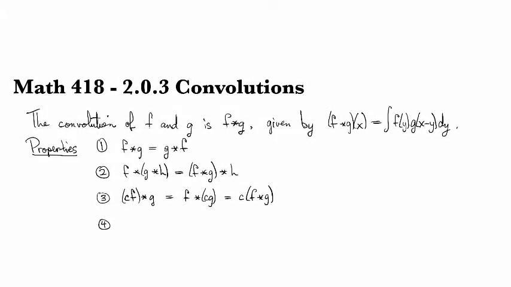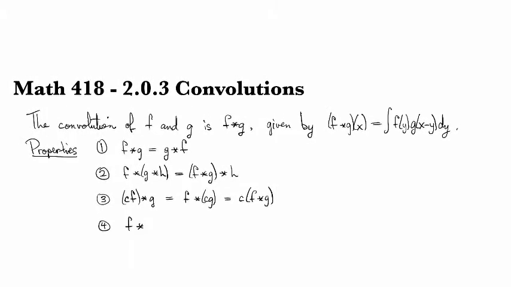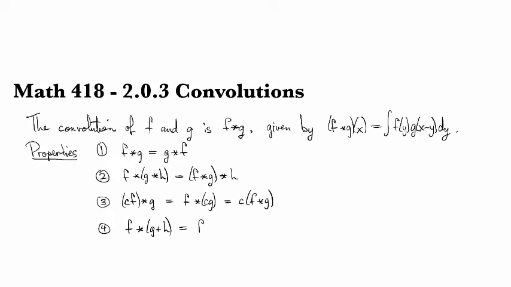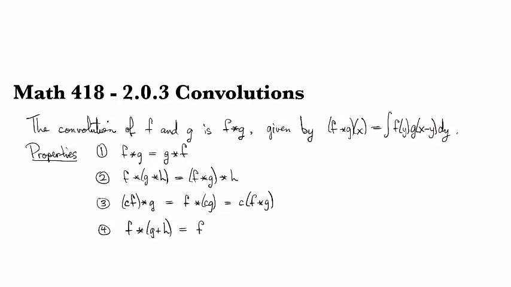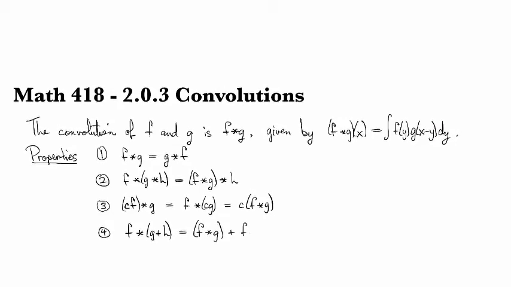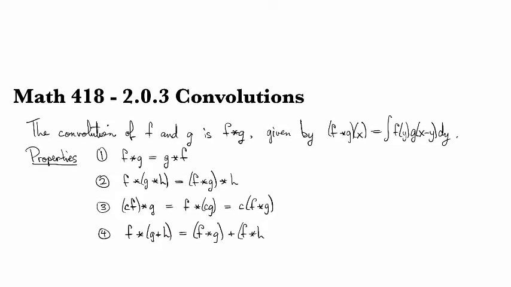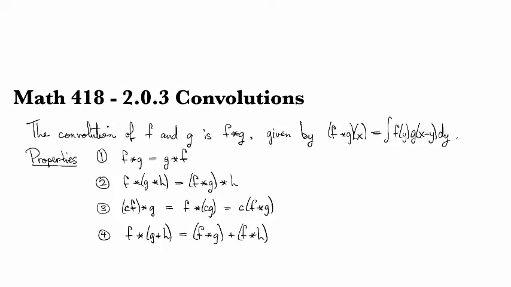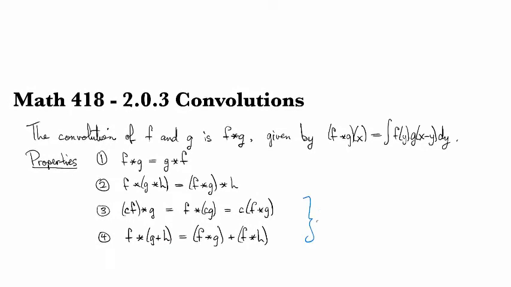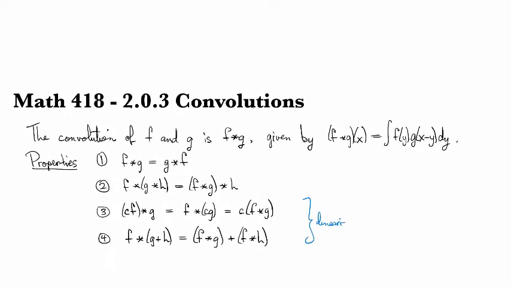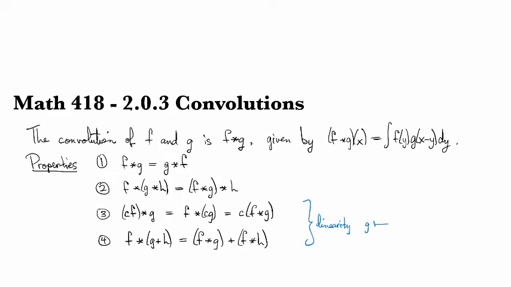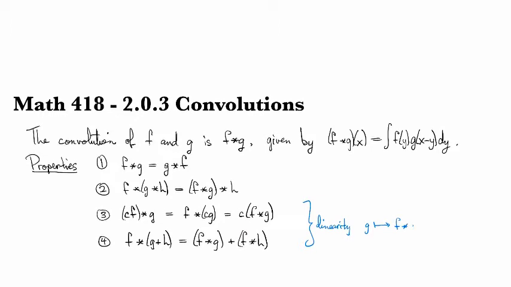Also, it distributes over addition. So f star the sum of g and h is the same as f star g plus f star h. That again comes straight from the basic integral properties. These two together I'm going to refer to as linearity, because of the linearity of the operation g goes to f star g.